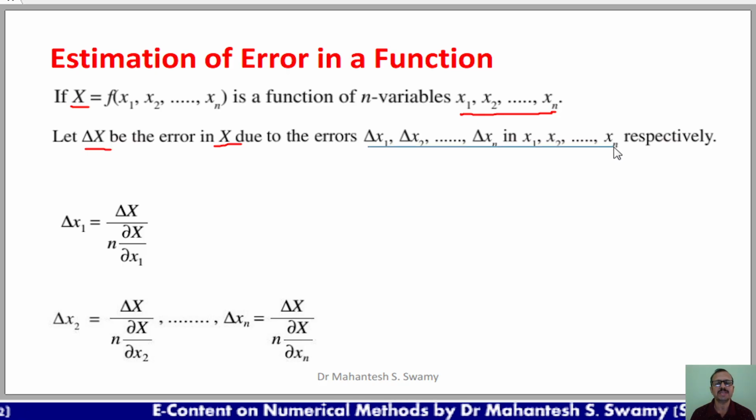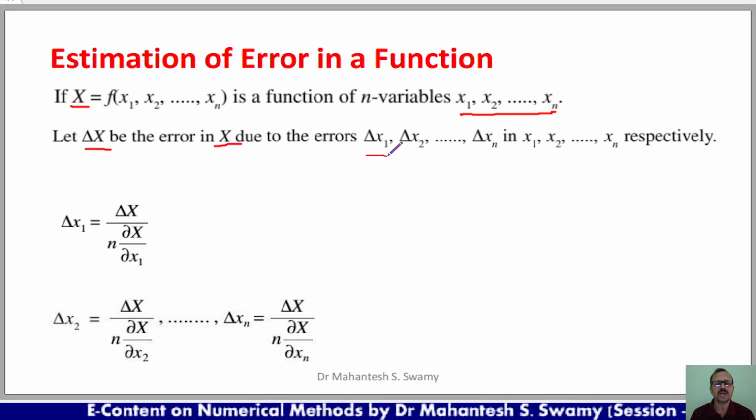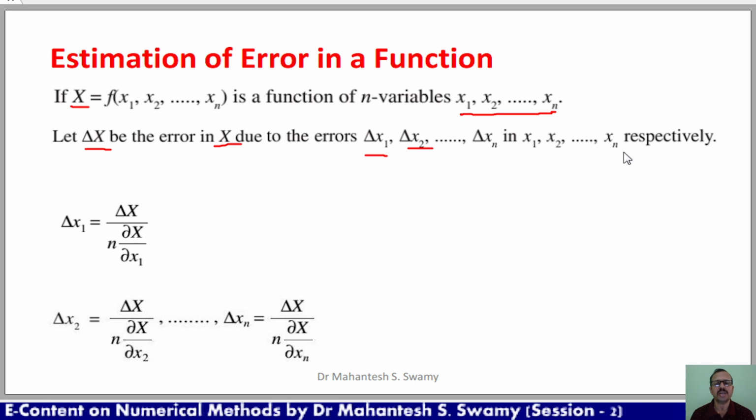So the independent variables are x1, x2, ..., xn, and due to the errors in x1, x2, ..., xn, namely delta x1, delta x2, ..., delta xn respectively, there will be an error existing in the original function capital X. So I hope you understood.